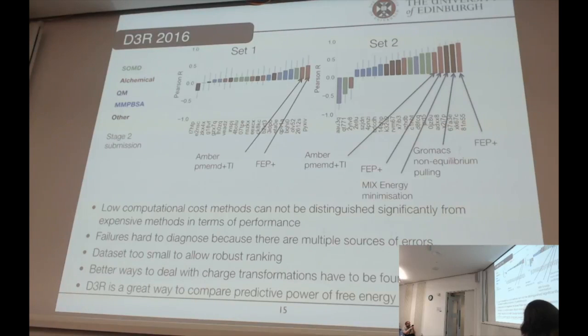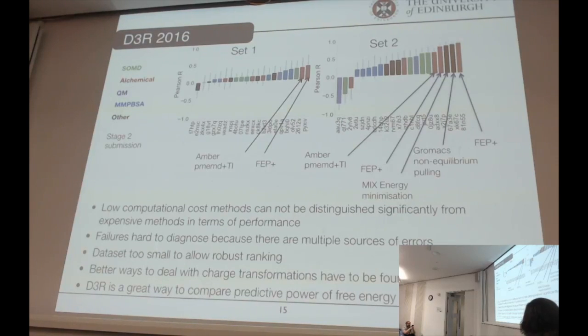And none of them perform particularly well, so we have a Pearson R of 0.5. Our best submission is this one here, which is not significantly better or worse than the FEP Plus or AMBER or these MMPBSA methods. For set 2, this looks a bit different.